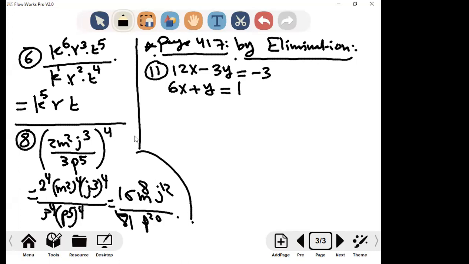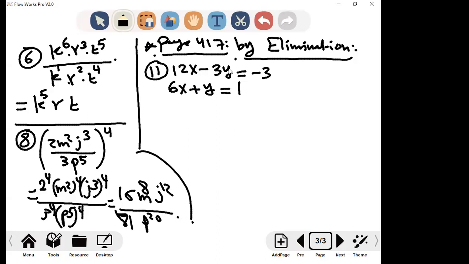So here you need to go to x or y, which is easier. Now you have a 12 and 6, right? You can multiply the 6 by 2 to get what? 12. So you can have a 12x, you can subtract them. Or you can also eliminate y. This is 1 here, right? You can multiply this equation by 3, so it will be 3y.